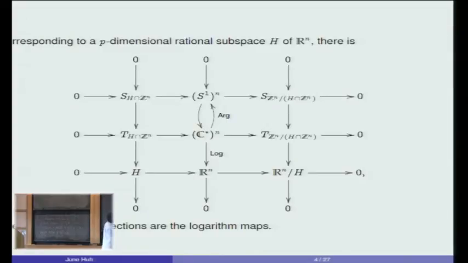If you have a rational subspace of L_N, by that I mean a subspace generated by integral vectors, then you can form this argument map and logarithm map for the original Z to the n and H intersected with Z to the n and their quotient spaces. Here you see the complex torus, here the real compact torus, here real vector spaces, and the logarithm map and argument map commute with the canonical maps.